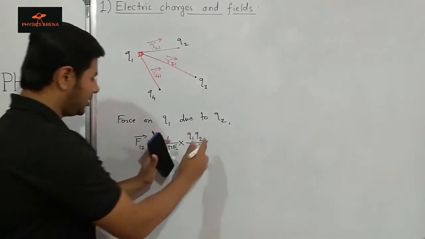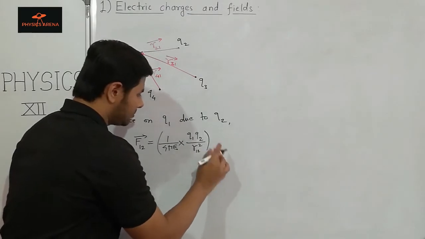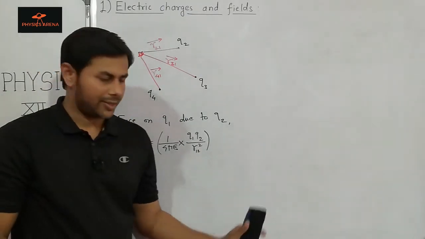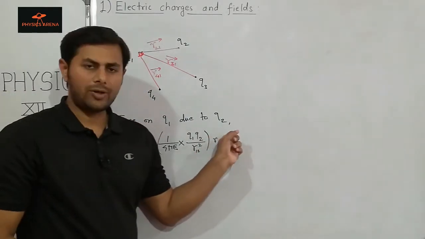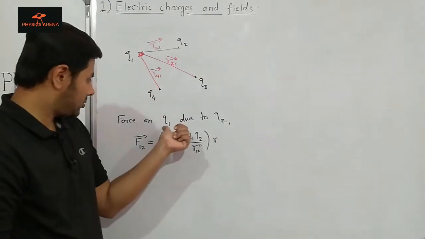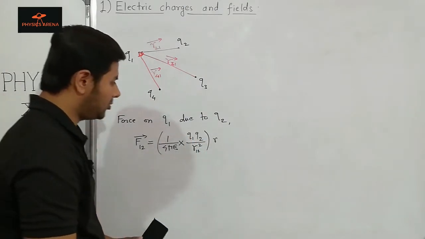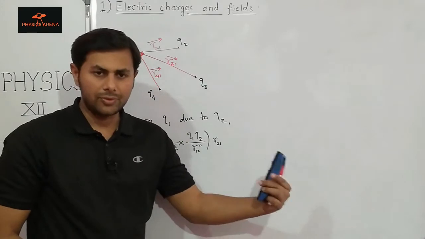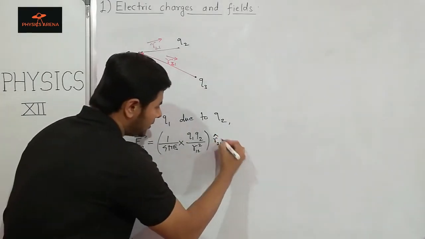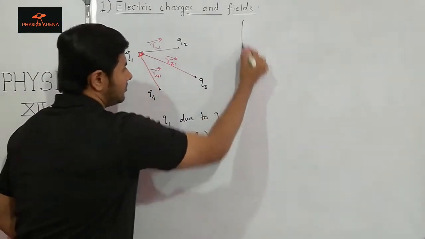This is the magnitude. So to show the direction, we use a unit vector for the force from Q2 acting on Q1. The unit vector is directed from Q2 to Q1, so it is R21 cap.